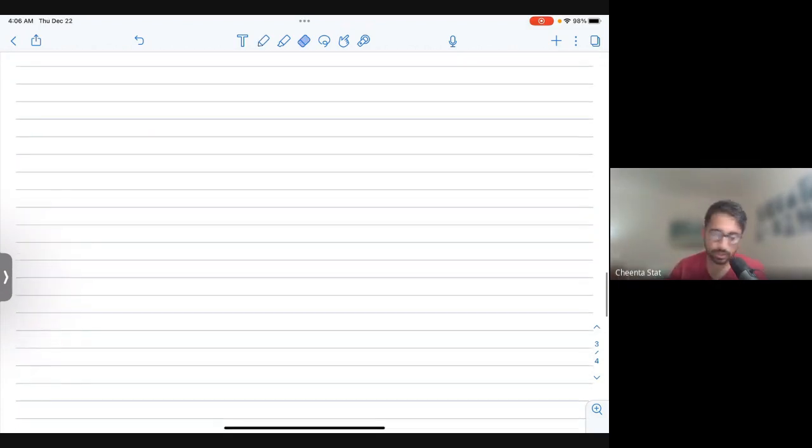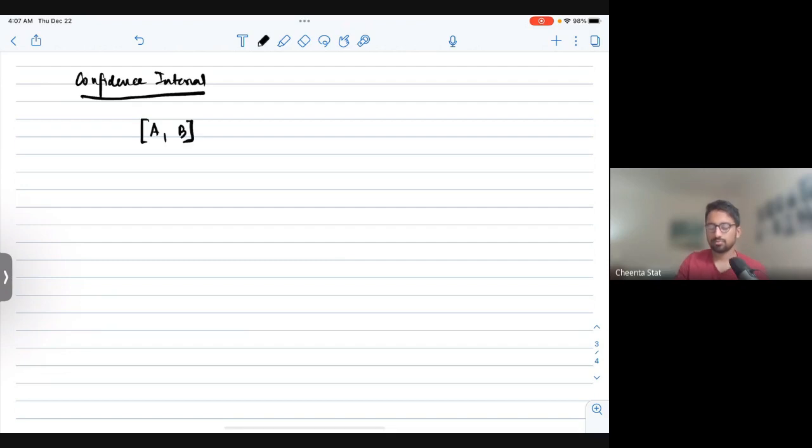The next part is nothing but the confidence interval. So what is the confidence interval? It's saying: find an interval a comma b. So x1, x2, xn is a data set from something with the parameter theta.